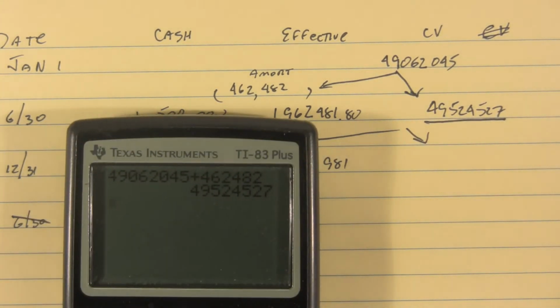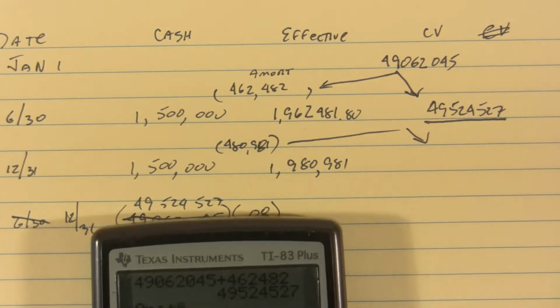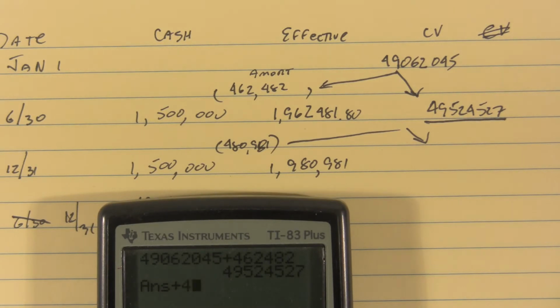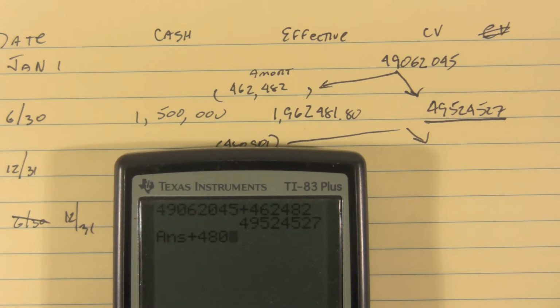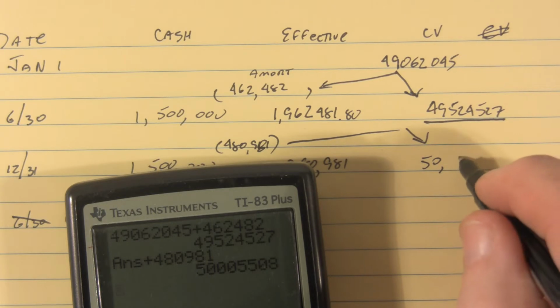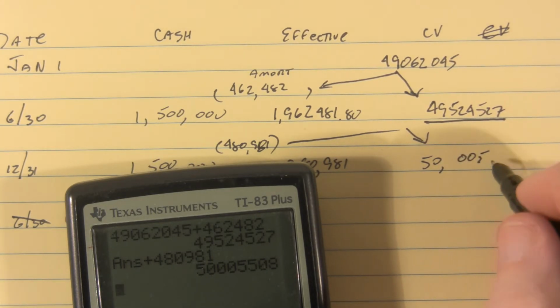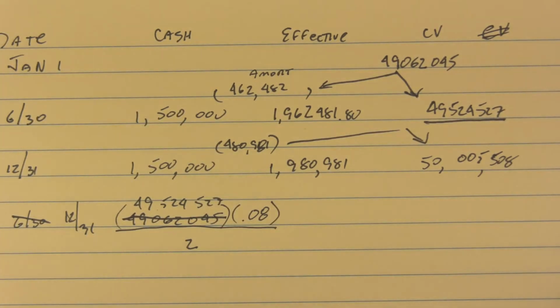Plus 480,981, and that's our new carrying value, 50,005,508. So what we've just done is an amortization schedule.